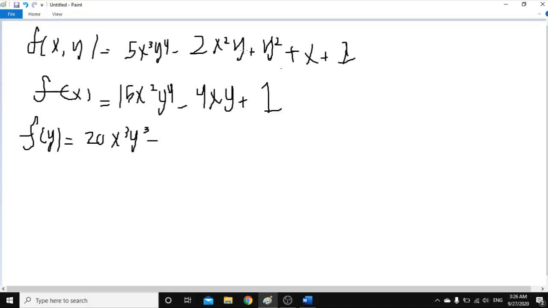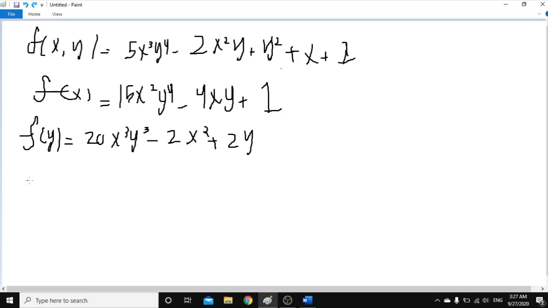We're dealing with y here again, so the derivative of y is 1, and what's left is minus 2x squared. Plus here y squared, so it's 2y, and then plus 0 plus 0. We don't have to write anything else.